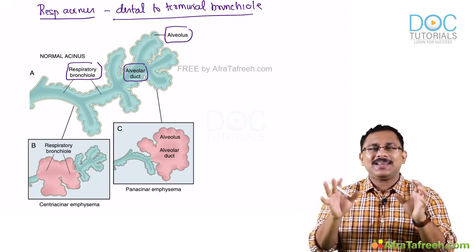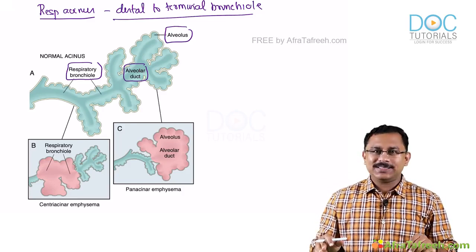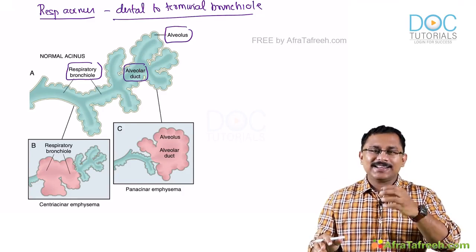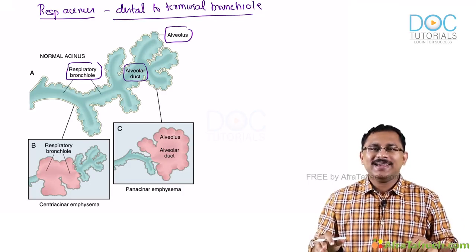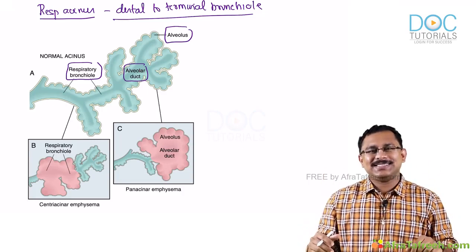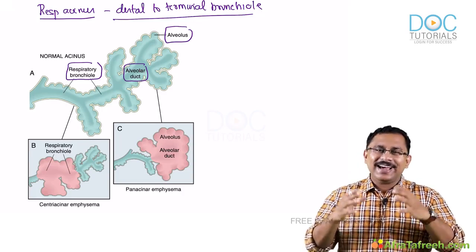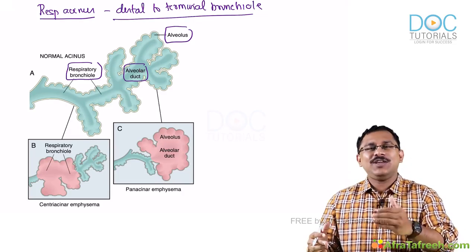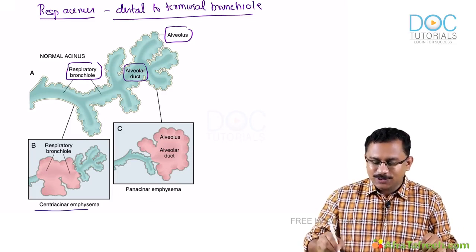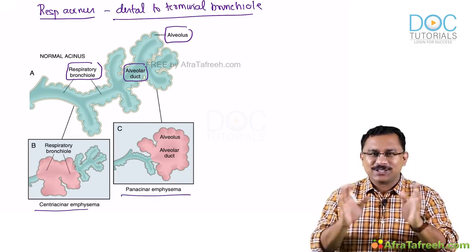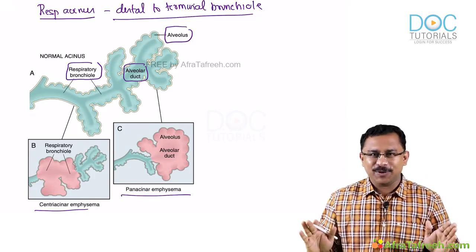That is the normal respiratory acinus. In case of emphysema, what happens is that in this respiratory acinus there is some damage to the walls, and subsequent dilatation occurs. The airway dilatation involves your respiratory acinus. Regarding these individual types, we are just coming to that, just wait. I hope the picture of respiratory acinus is very clear for you.